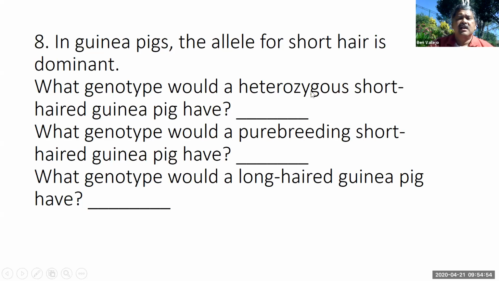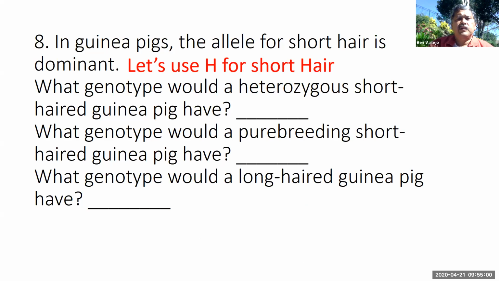It's heterozygous, so we know that it has one of each letter. We're going to use the letter H for short hair, so that's going to be big H, little h for the heterozygote. What genotype would a pure breeding short-haired guinea pig have?